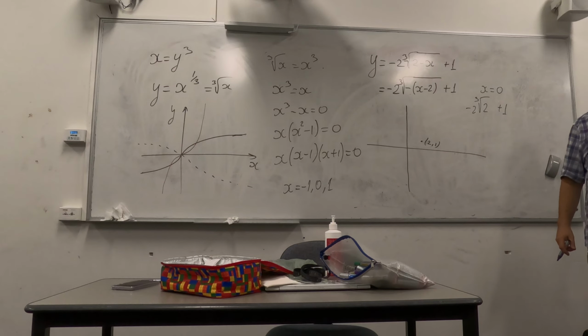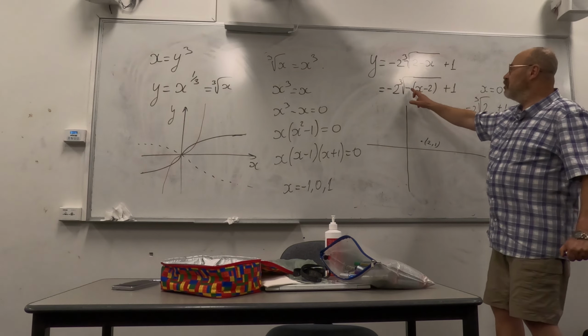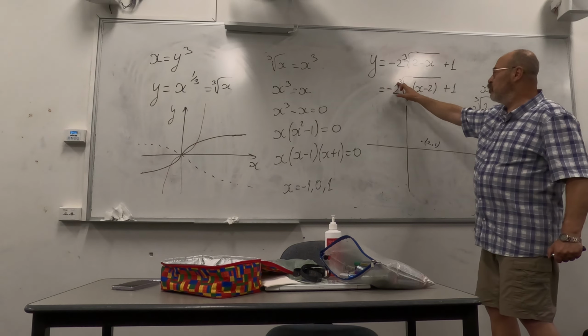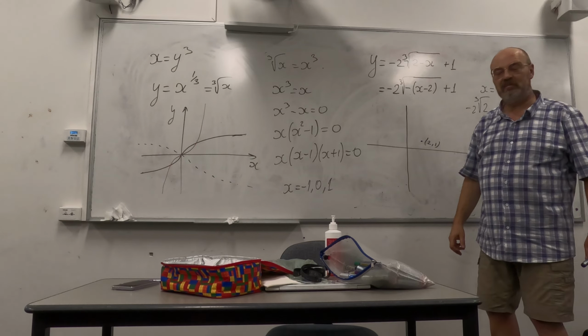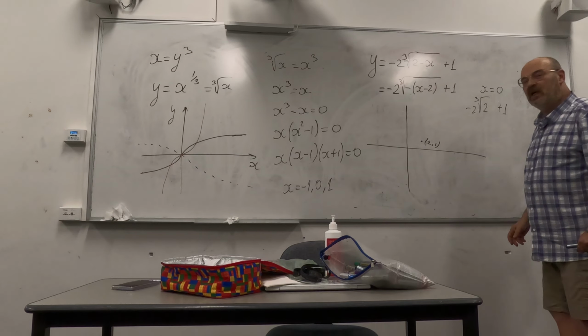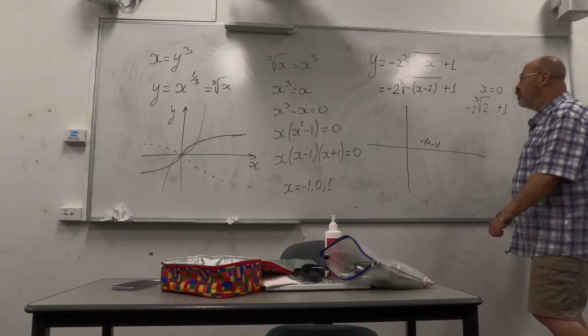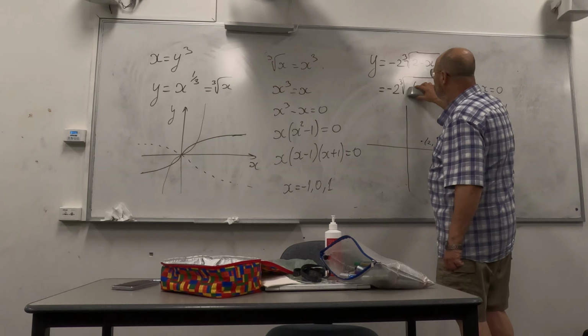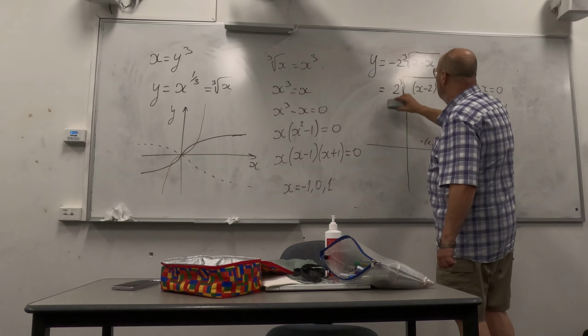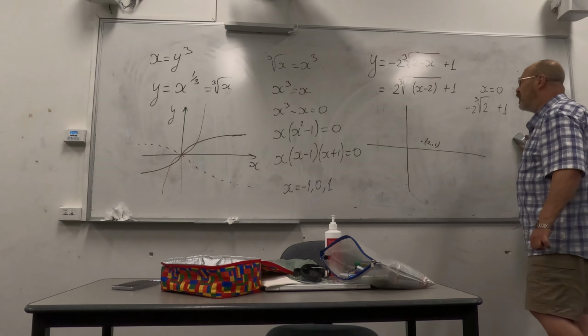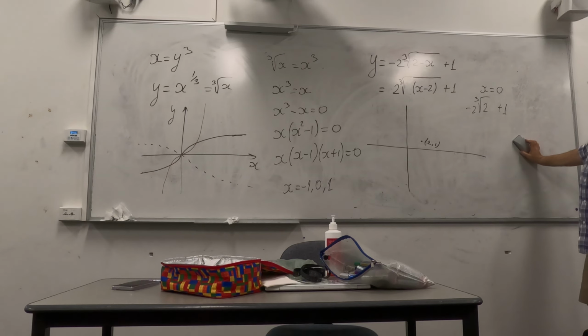Why would you bring the negative out of the cube root? Can you bring the negative out of the cube root? As a cubic root, you're right, we can do it, because it's an odd power, and it simplifies to negative 2 cubic root of x minus 2, plus 1.